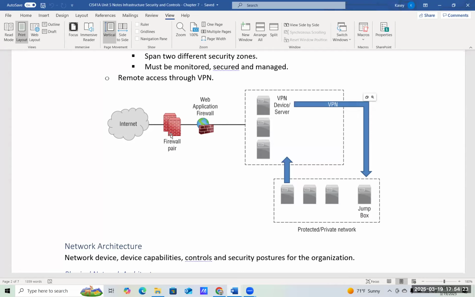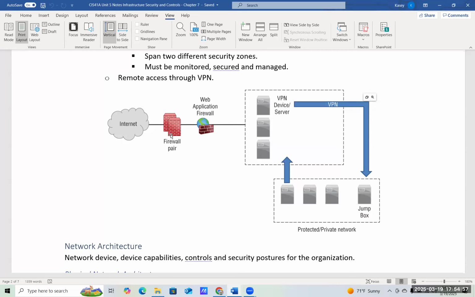Then you have a VPN device or server here, and that is really for remote access in this particular infrastructure. Now, the VPN connection is going to be tied to the jump box. This is a physical device or a server system that's going to control access specifically for the VPN connection. So it works with the VPN server for authentication and access authorization.